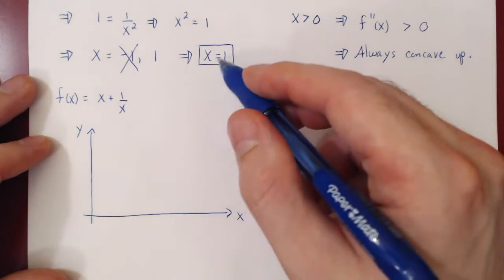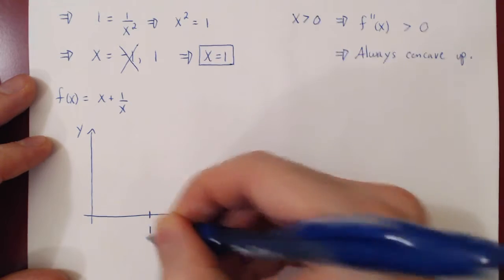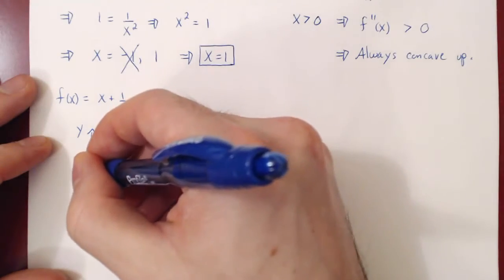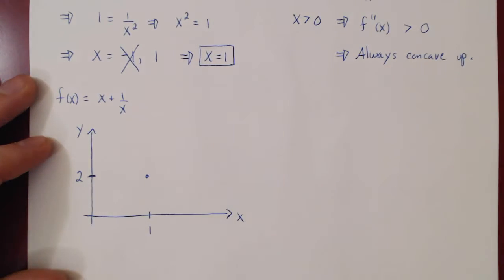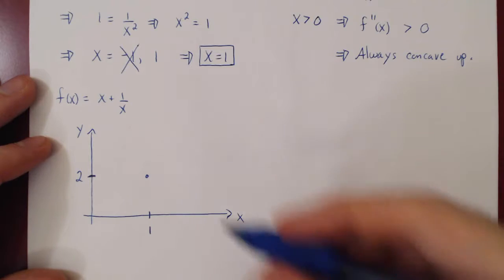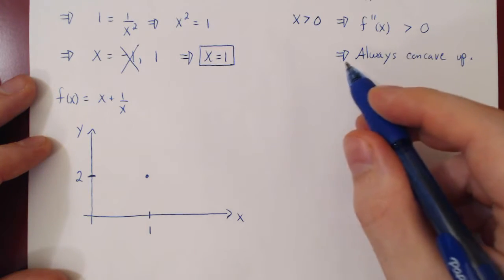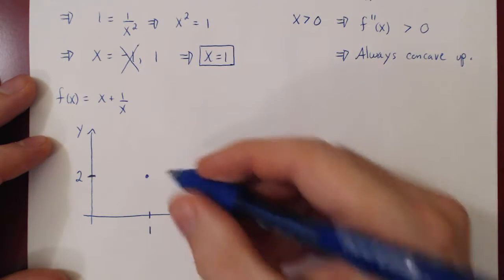And we look around our unique critical point when x is 1. F of 1 will be 1 plus 1 over 1, which is 2. So we have this point. This is a critical point, as we have just said, where the derivative is 0. So the curve is flat there. And the curve is always concave up. So it has to look like this.